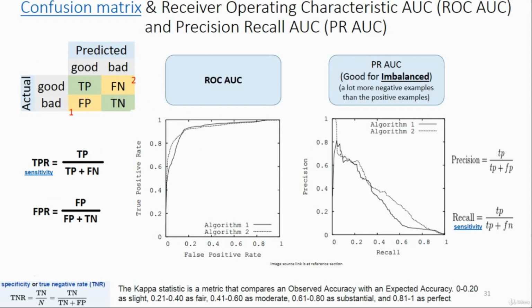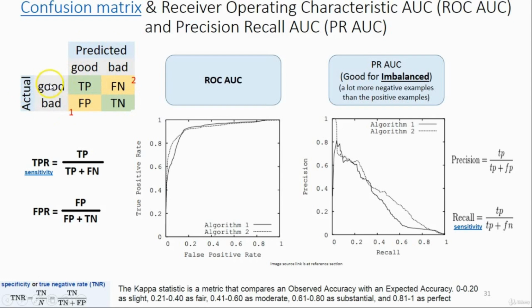The confusion matrix is one of the very old metrics used to identify the accuracy of classification problems. Let's start with the first very basic part of the confusion matrix. Generally, when you have 2 outcomes, say good and bad, we put actual in the row and predicted in the column.